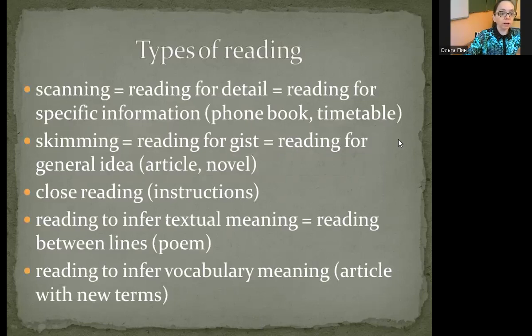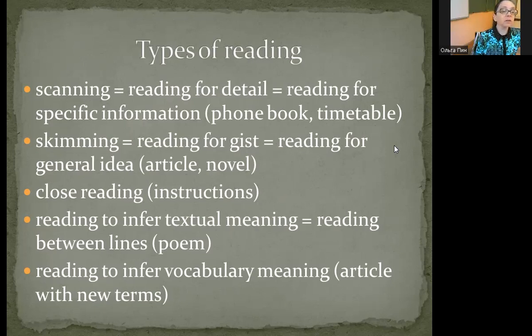Scanning, or reading for detail, or reading for specific information. This is the way we read phone books or timetables in real life, when we read to find a certain piece of the text and get the information from there.